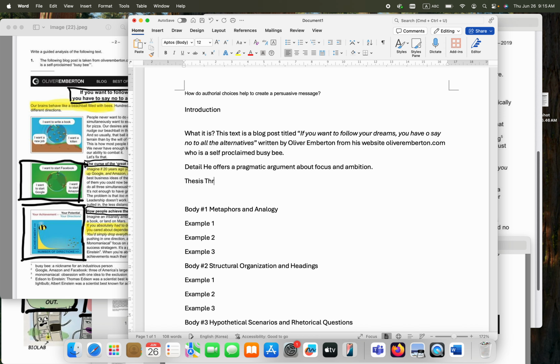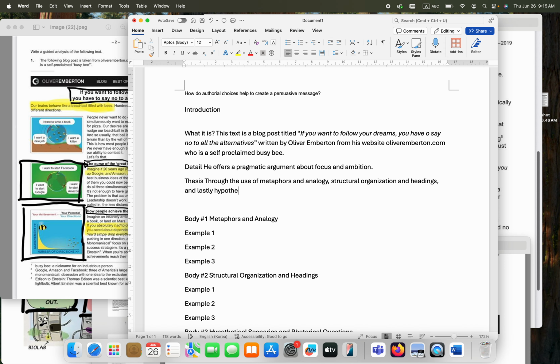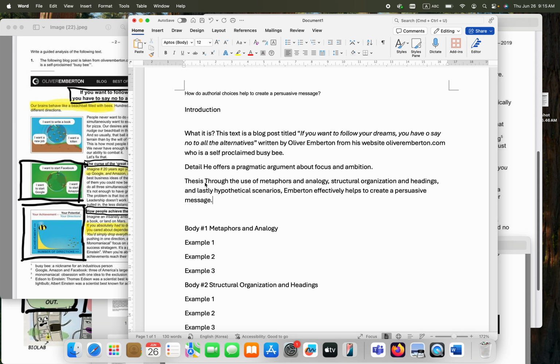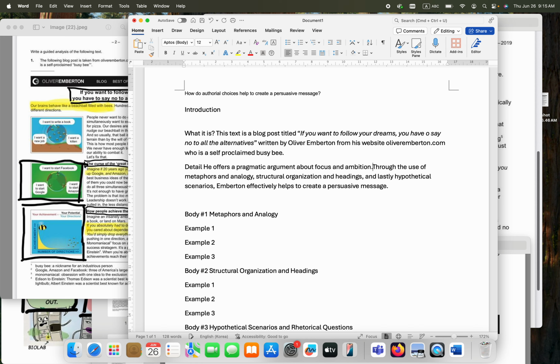So through the use of metaphors and analogies, structural organization and headings, and lastly, hypothetical scenarios, Emberton effectively helps to create a persuasive message. There. And that's really all you need. Nothing more.